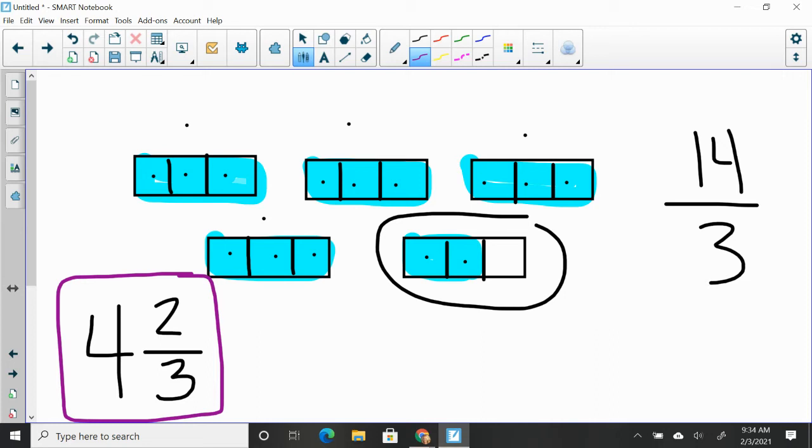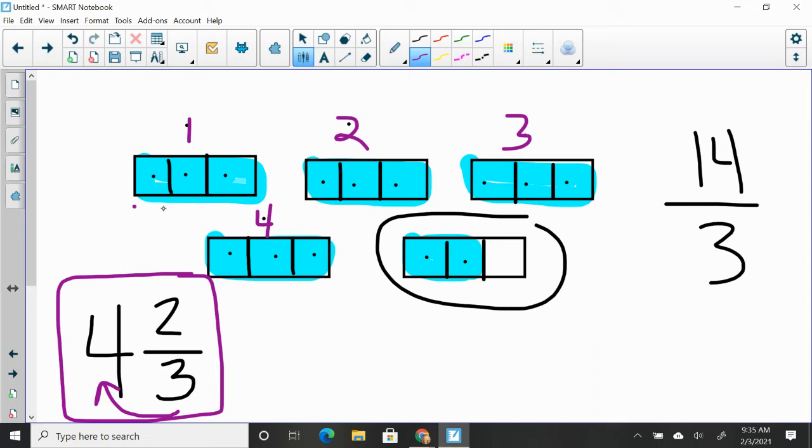So I'm going to take that whole number and multiply it by my third. So that's going to give me 12, right? I'm taking 1, 2, 3, 4, and I'm multiplying that by 3 because they are each cut into 3 pieces. And so that is going to give me 12 pieces.